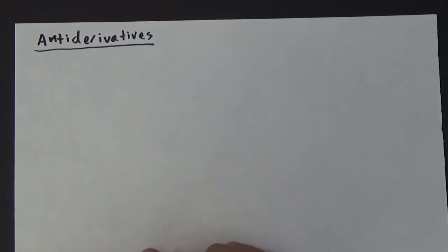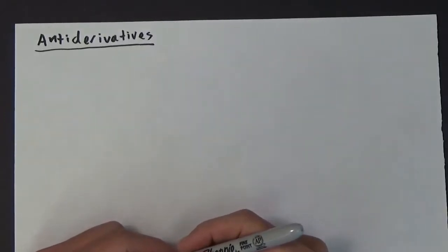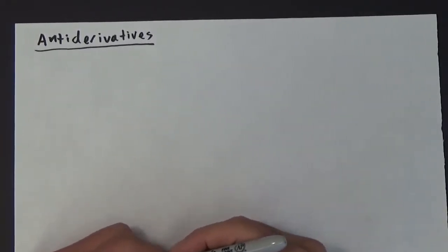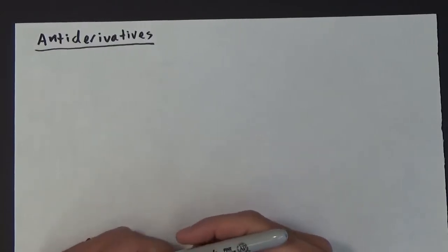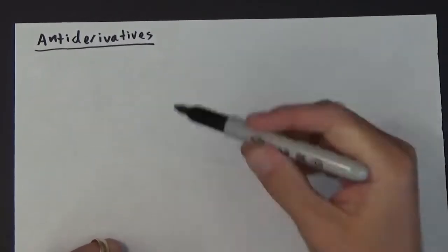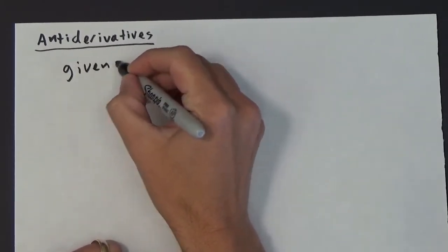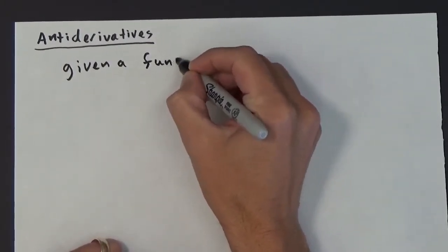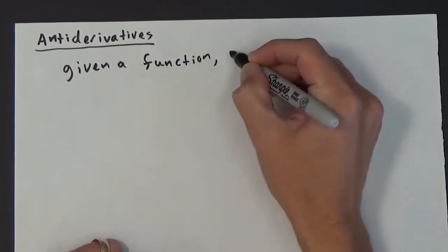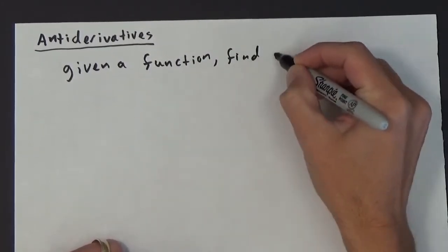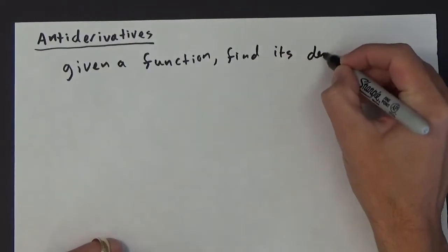In this video, we're going to look at a new concept called the antiderivative. Up to this point in our study of calculus, we have been concerned primarily with the following problem. Given a function, find its derivative.